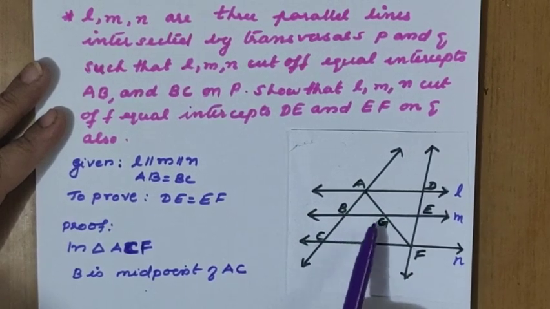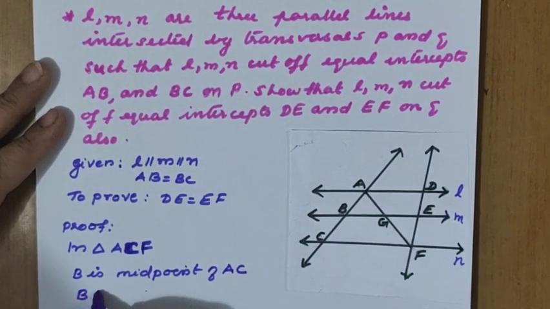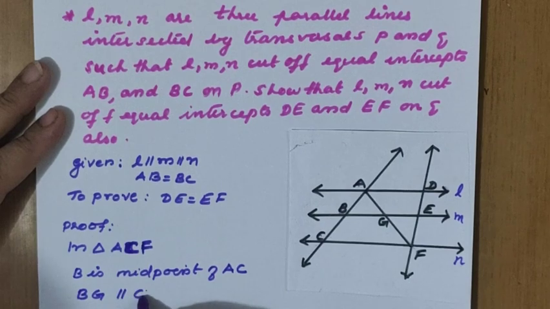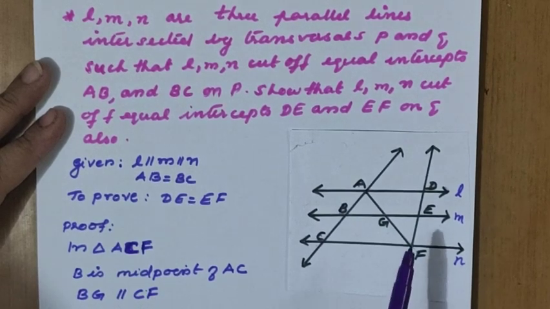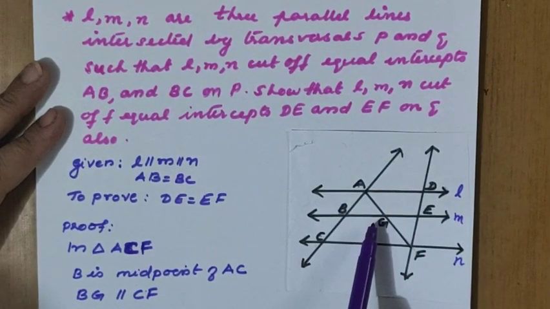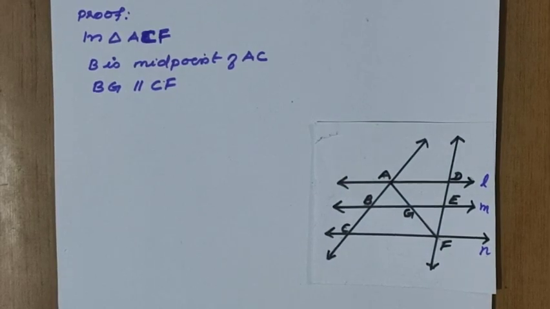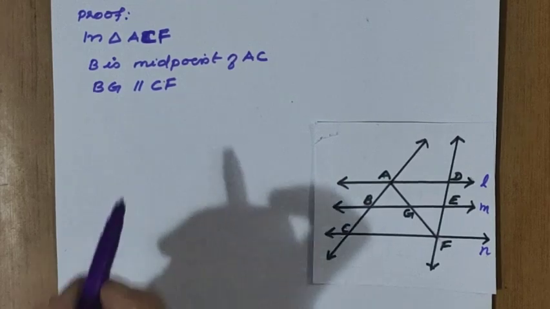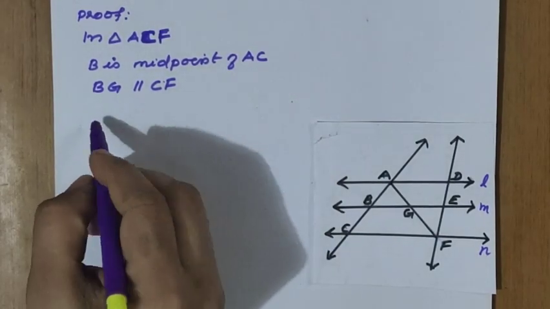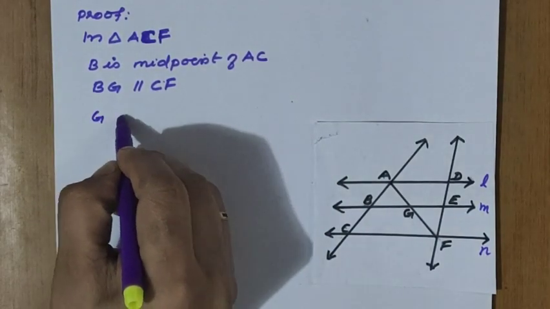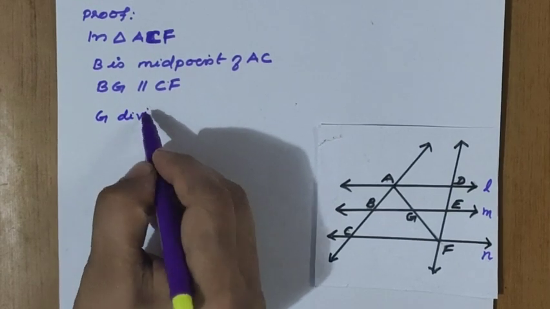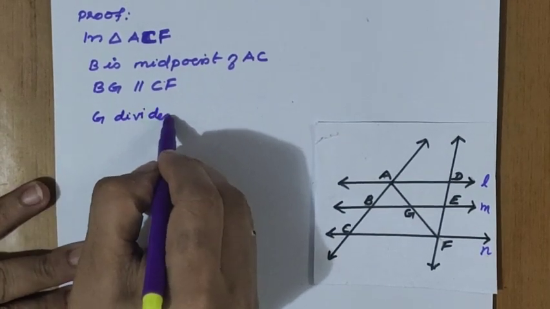From B, what is the line started? BG. BG is parallel to the second side CF. BG parallel to the third side CF means G is the ending point. So G divides the third side of the triangle. Which is the third side of the triangle?